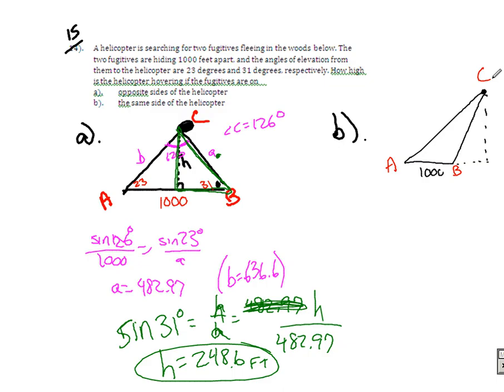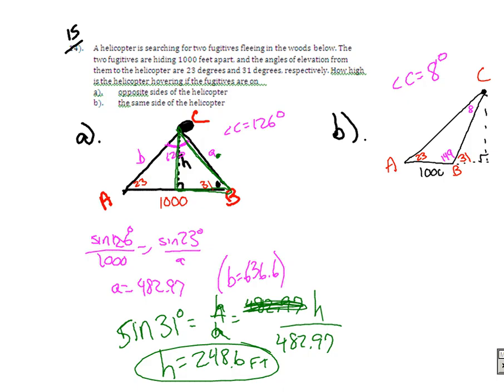Now remember, the bigger angle has to be closer to my 90-degree angle. Bigger angle must be closer. So 23 is here, 31 is here. 31 and this angle make a linear pair. That means this angle on the inside must be 149, which means my top angle, angle C, is going to be 8 degrees, because 8 plus 149 plus 23 add up to 180.